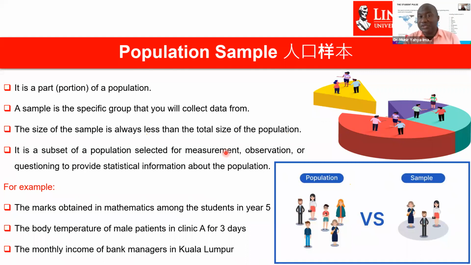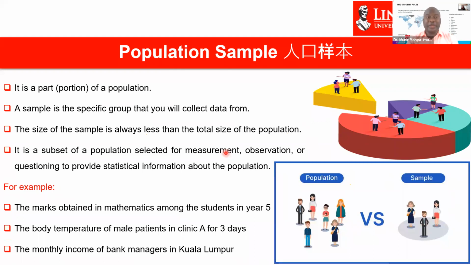The size of the sample is always less than the total size of the population because, of course, it's smaller. It is a subset of a population selected for measurement, observation, or questioning to provide statistical information about the population.